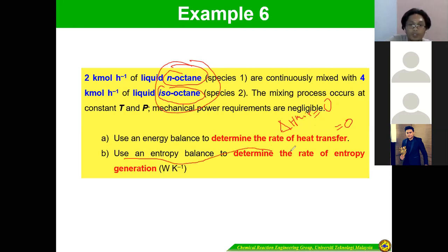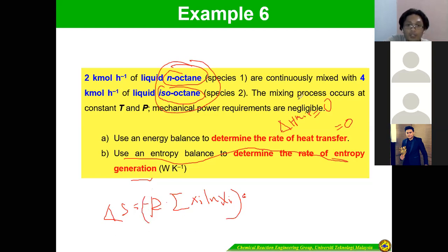Use the entropy balance to determine the rate of entropy generation. So if you look at here, just refer to delta S equal to negative R times the sum of xi ln xi, times the number of total mole and T. The total mole you can calculate from the mole number here.